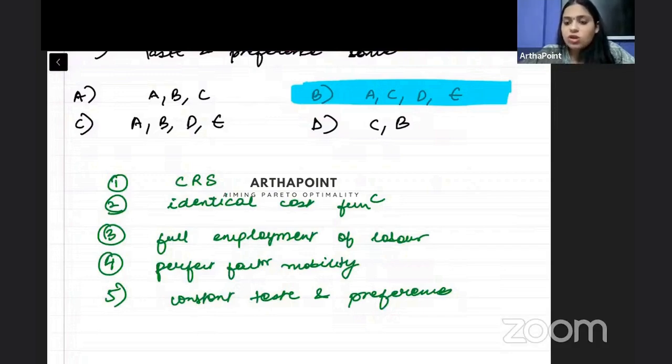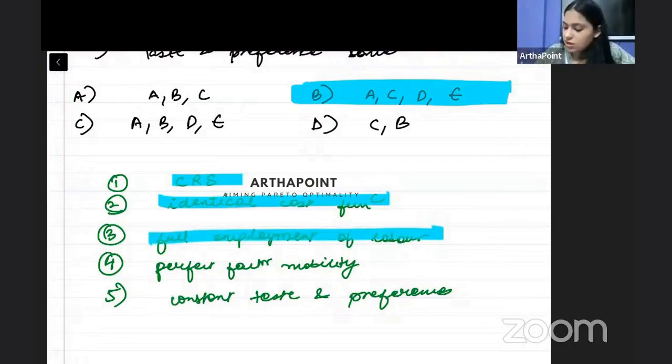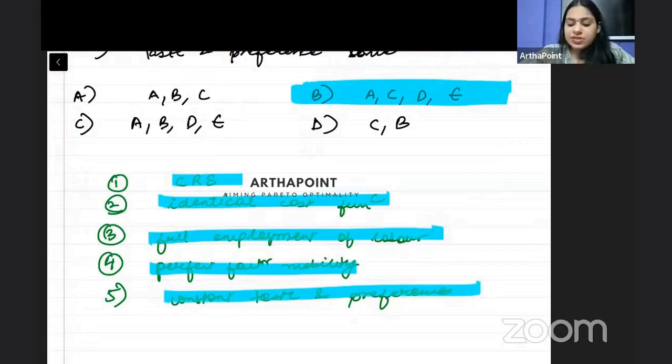Under Walras law, these are the assumptions that we need to consider, right? और ये क्या क्या assumptions है बच्चे? The assumptions are constant returns to scale होना चाहिए, identical cost function होना चाहिए, then you have full employment of labor होना चाहिए, and labor and capital, perfect factor mobility, and constant taste and preferences.